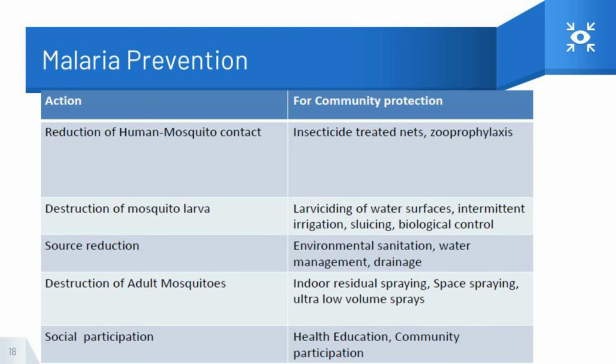To destroy the adult mosquitoes, we should apply spray spraying. We should also use indoor residual sprays, and to prevent this parasite, we should also have social participation through health education and information education campaigns regarding the malaria parasite, its transmission, its life cycle, and its prevention measures, to educate the community members.